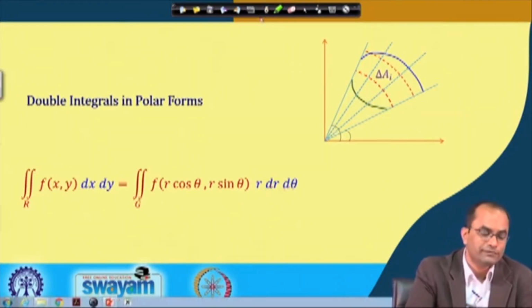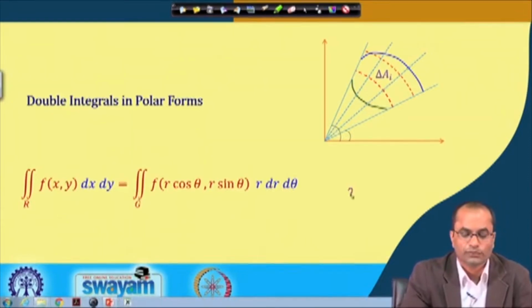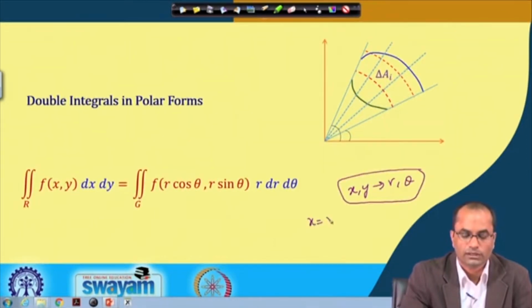So, here also we have done eventually the substitution from x y to the r theta coordinates by this relation, that x was r cos theta and y was r sin theta.